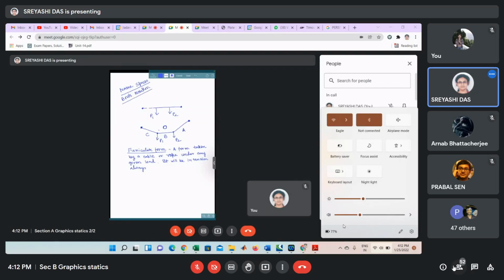So here we have named the spaces. If we draw the force P2 here, in terms of Bow's notation, the name will be AB. Similarly, BC will denote the force P1.